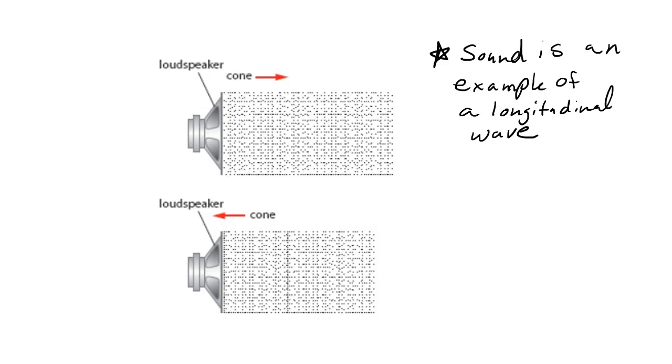Inside the speaker there's a membrane, and when the membrane pushes forward, it compresses the air together. And when the membrane pulls backward, that membrane oscillates the air molecules in front of the speaker, and that propagates a wave through the air, which allows us to hear sound.